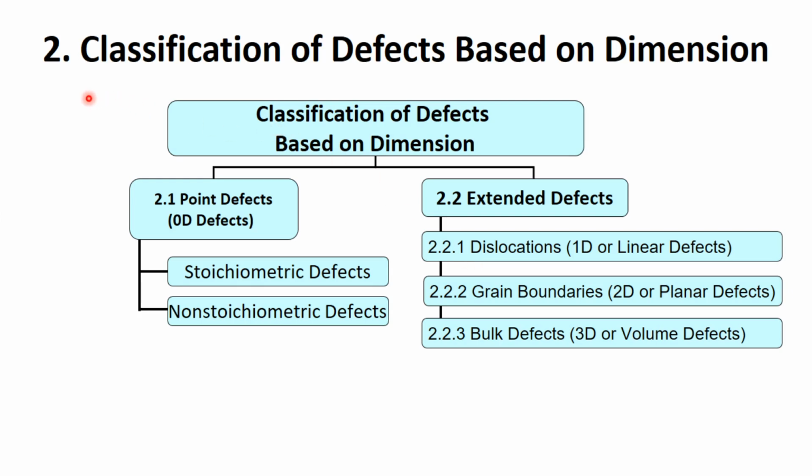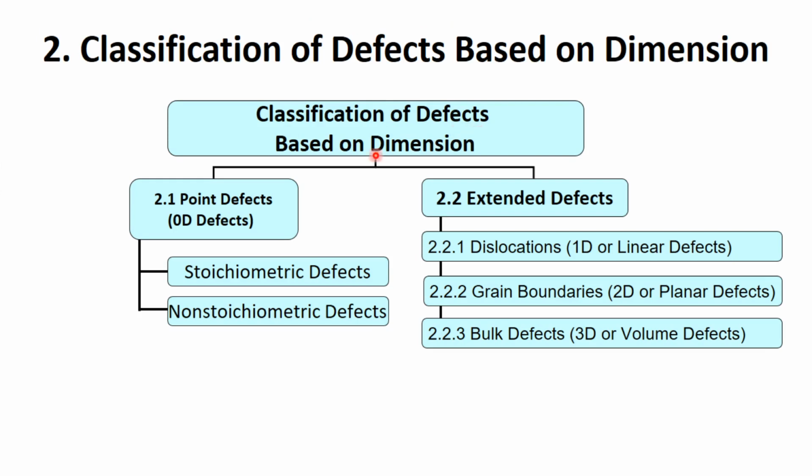Let us classify the defects in another way. We can classify defects on the basis of stoichiometry as we have defined earlier, but we can also classify defects based on dimension.